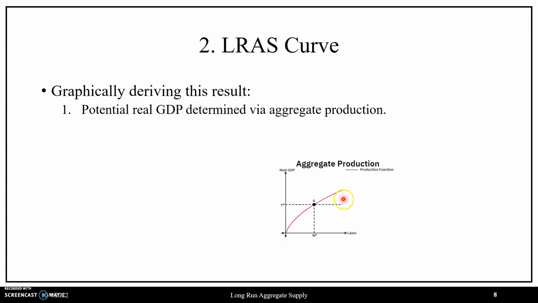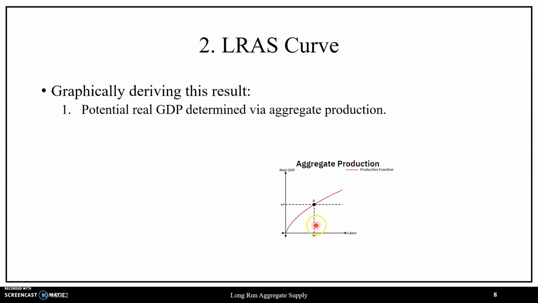Now, in terms of how aggregate production conveys potential real GDP, recall that potential real GDP is the real GDP level that an economy can produce given full utilization of its production resources. So here with the aggregate production function, we're explicitly concerned with labor, and we're assuming that technology and the remaining factors of production are fixed.